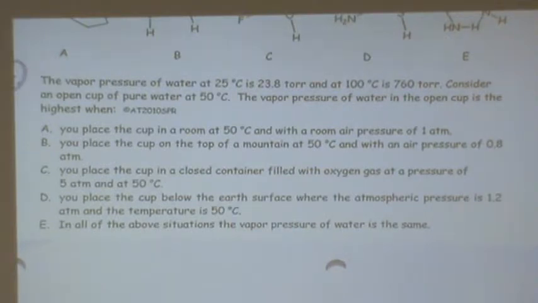All right. So the vapor pressure, as you can see from there, is all about external pressure depending on different factors, but we know it depends only on temperature.